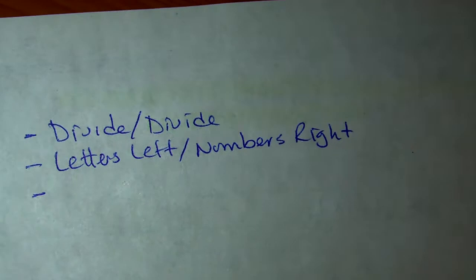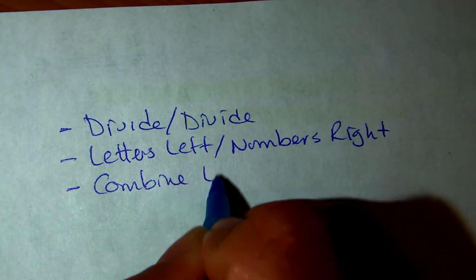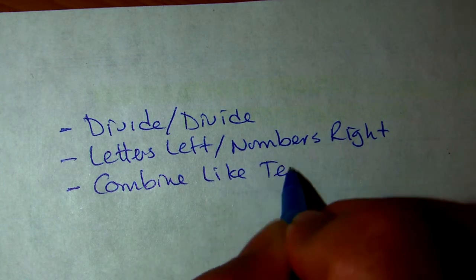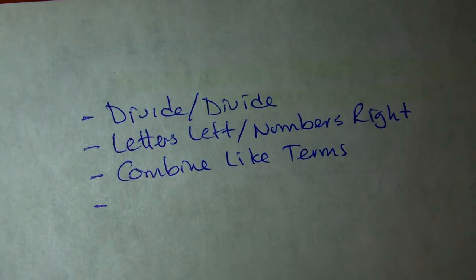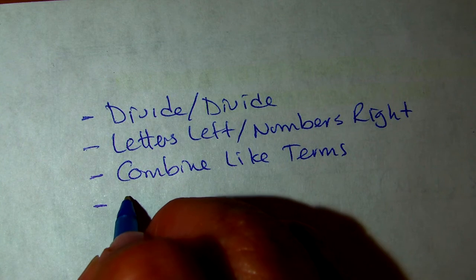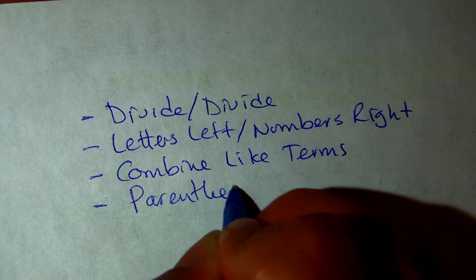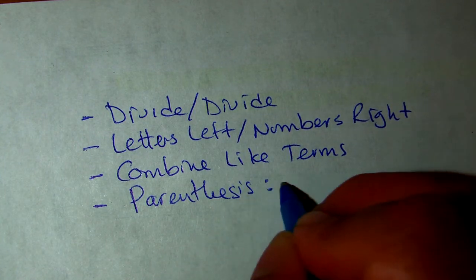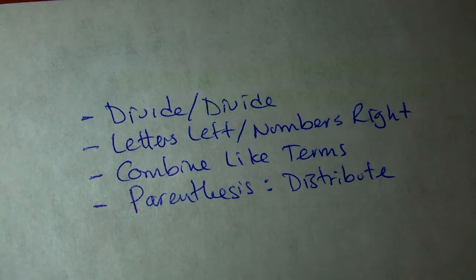Then the next step is combine like terms on both sides. And then as the equation gets more complicated, what's the other skill? Parentheses. What happens when you have parentheses? You distribute. Remember, we covered the distributive property.